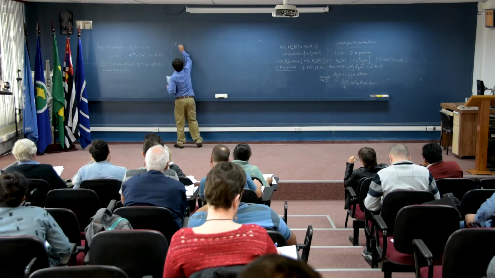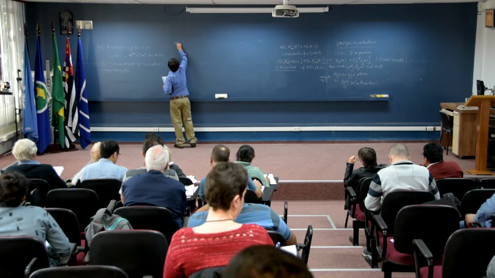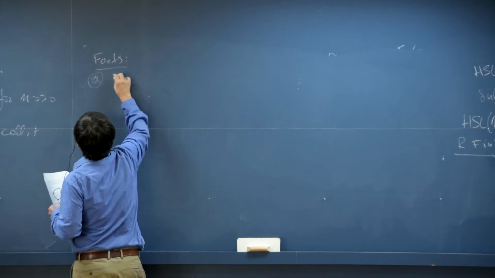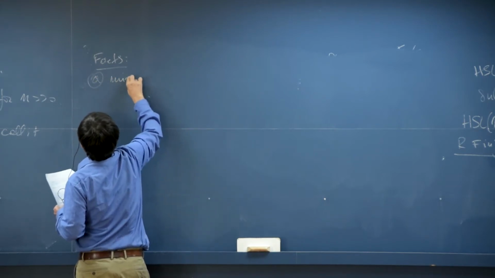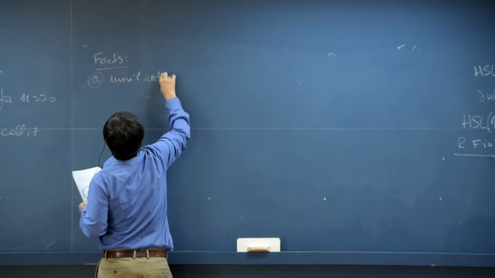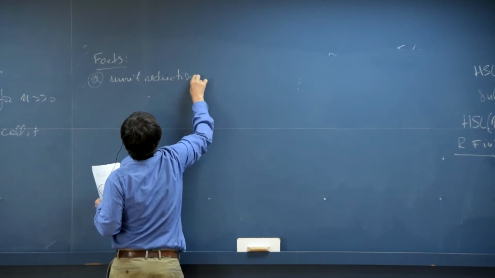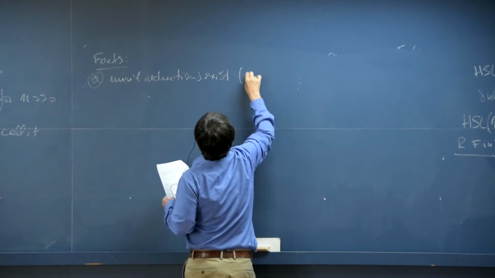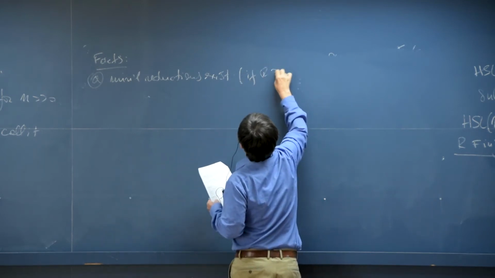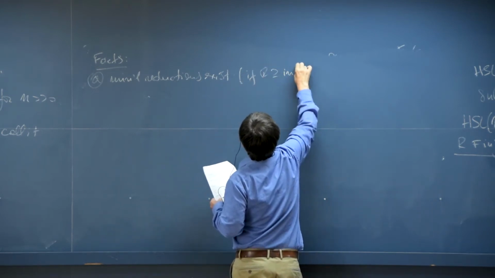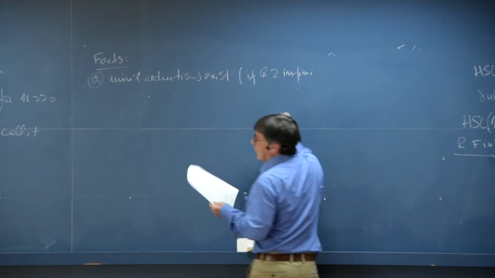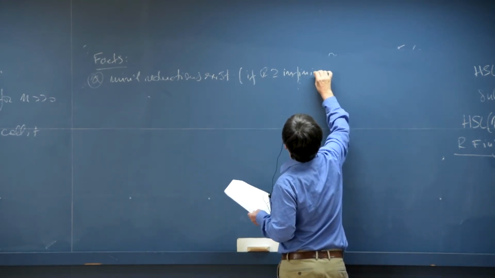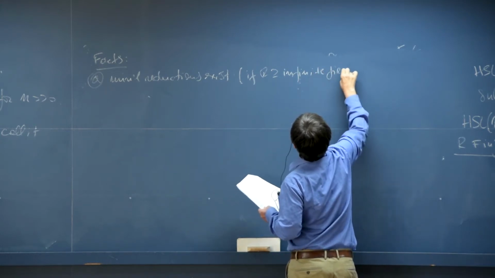So here are some facts. Fact number A is that minimal reductions exist if R contains an infinite field, which is a case we can always, in our case, reduce to.